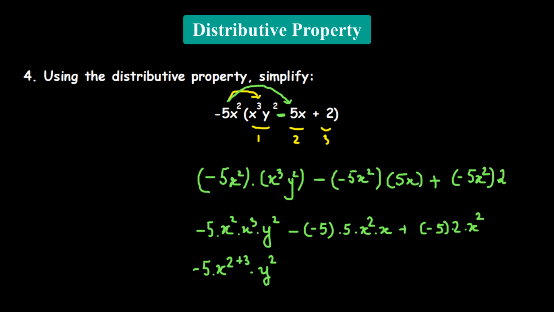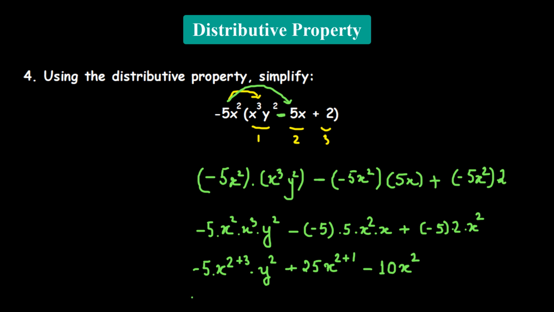So positive 5 multiplied to 5 will be positive 25, and multiplied to x raised to the power of 2 plus 1, the exponents of x will get added, and then we have positive multiplied to negative 5, so that will be negative 5, and we have negative 5 multiplied to positive 2, so that's going to give us negative 10x squared.